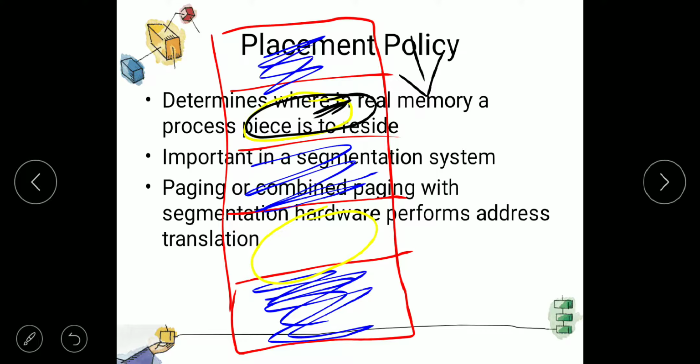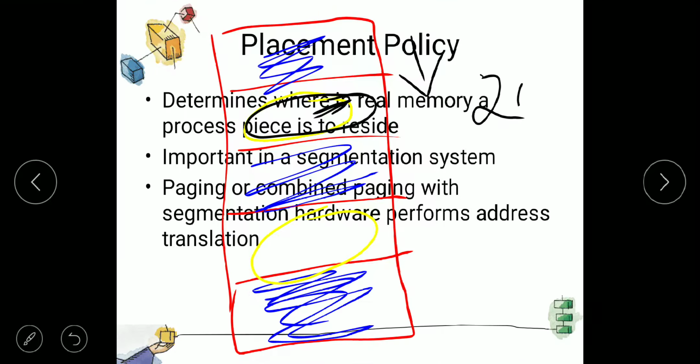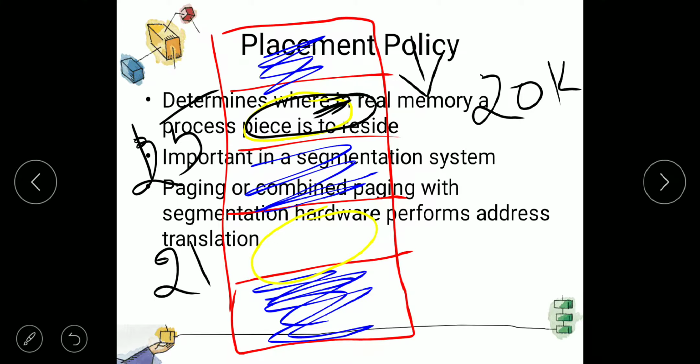That is first fit. Under best fit, let's assume the incoming page is 20 KB, and this block is 25 KB and this one is 21 KB. Under best fit, it will look for a nearly equal sized frame.